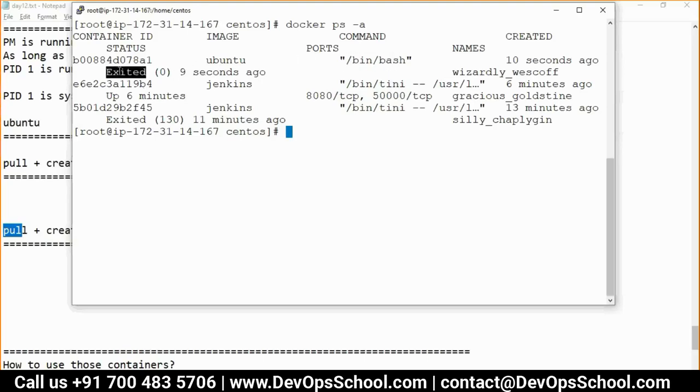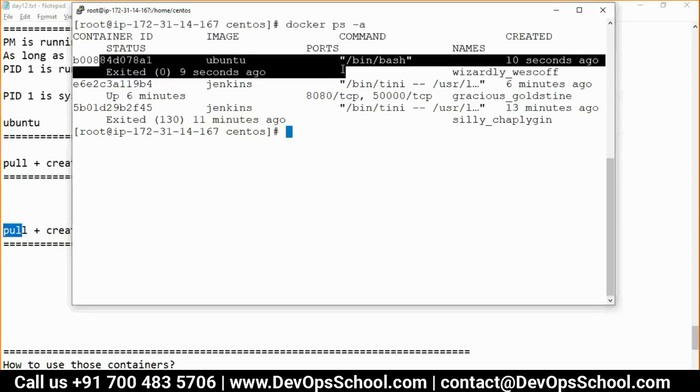When you say exited, it means it has run at least once. You know that from the life cycle I taught you. So what has happened? The container got run and exited, and the resources got freed up. Now, this is the second kind of container, which exits during runtime itself.